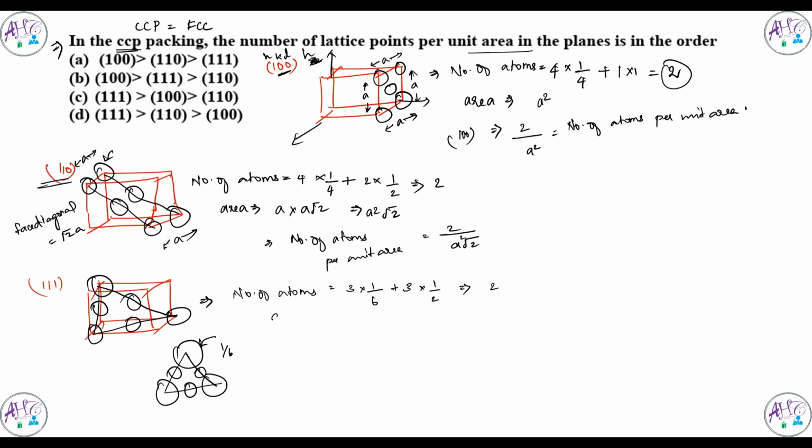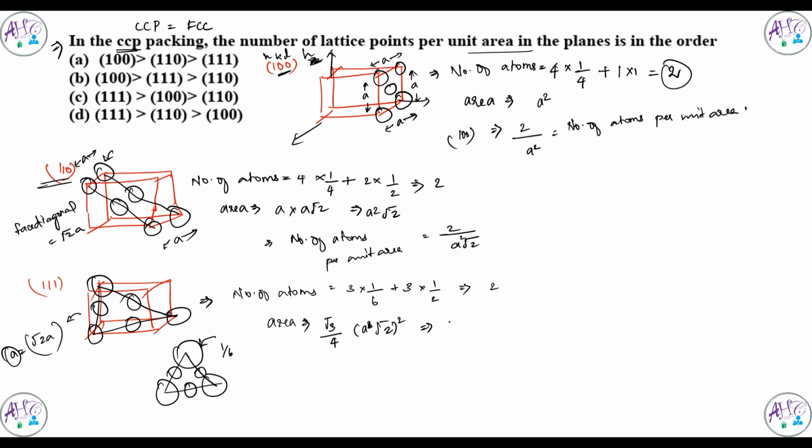And then they have asked us to figure out the area. Here you have your triangle. So triangle area is going to be root 3 by 4 times the side squared, and here everything is a face diagonal, so the side is going to be root 2 a. So the area is root 3 by 4 a square, where a is now equal to root 2 a. That is, your unit length in case of your 111 plane is going to be equal to your face diagonal. So your face diagonal is root 2 a, and area is going to be root 3 by 4 into (a root 2) the whole square.